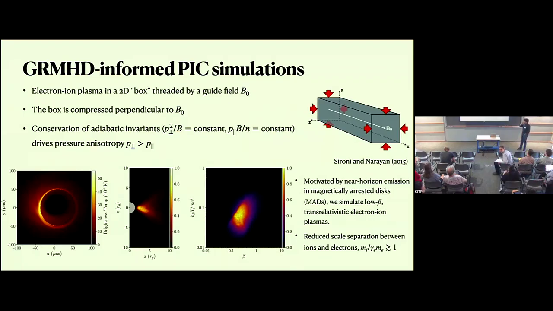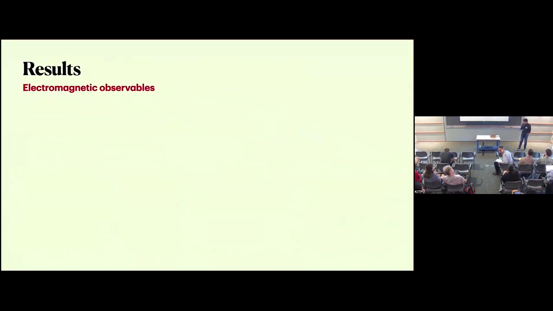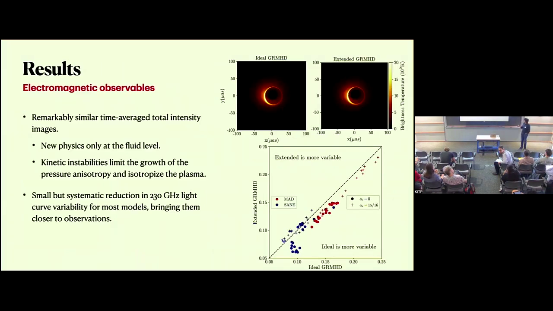Thanks for the talk. You mentioned that extended MHD has lower variability. Is there any way to physically understand that? At least the way I understand this, firstly, it's not a major reduction, and you don't see it across all the models.